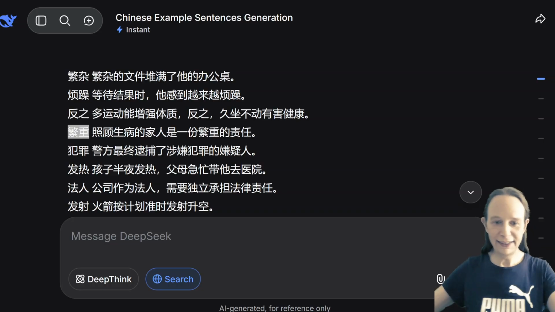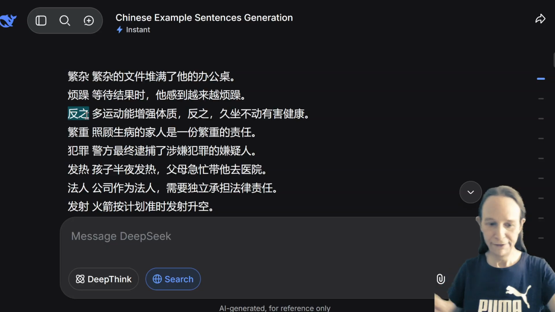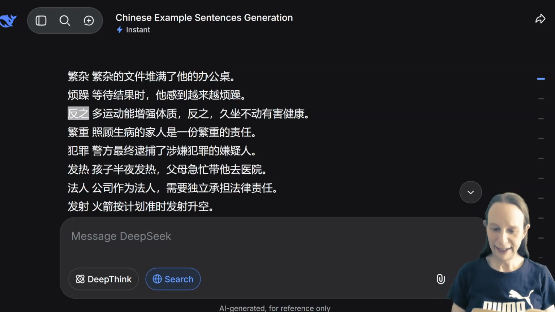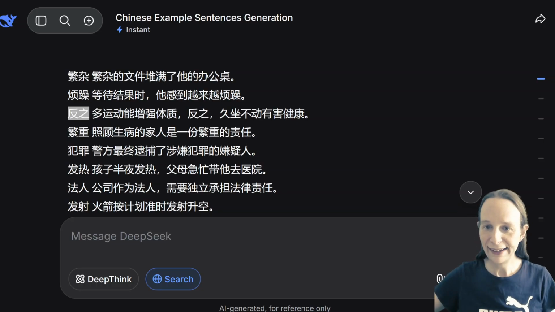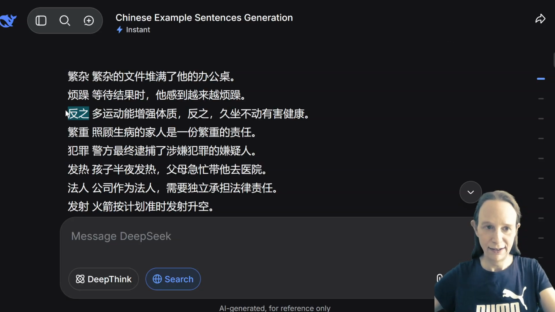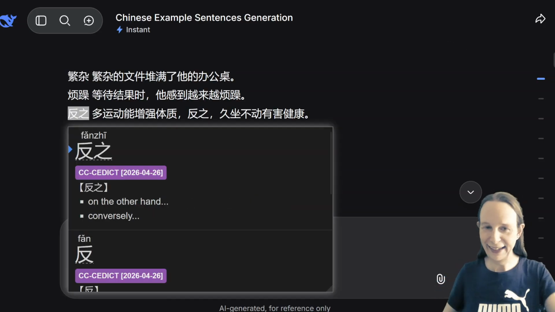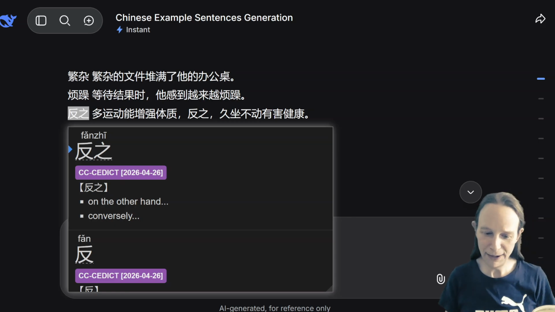All right, so let's go back actually. 反之, because the dictionary has 反之, it's not what I would have expected. That's what it says in the English one. Let's see what it says in the Chinese one. 反之, 连词, 与此相反, 反过来说或做.